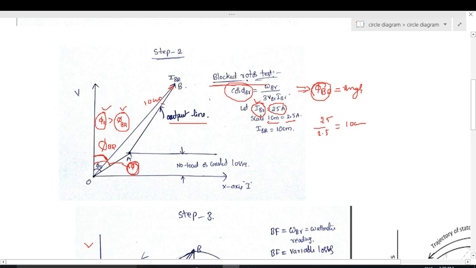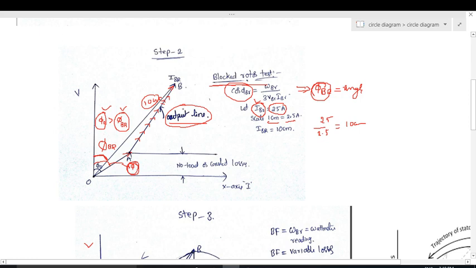Now, with phi BR we drew a 10 centimeter line. Next we should draw a line that connects the I naught point and the phi BR point, like this. This line, AB, is called the output line.